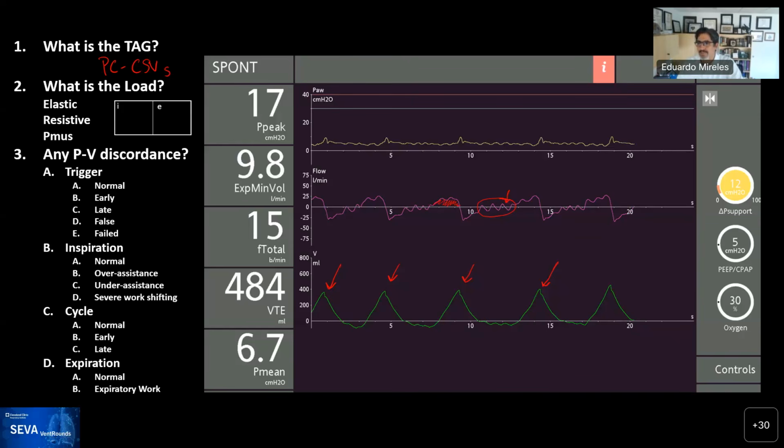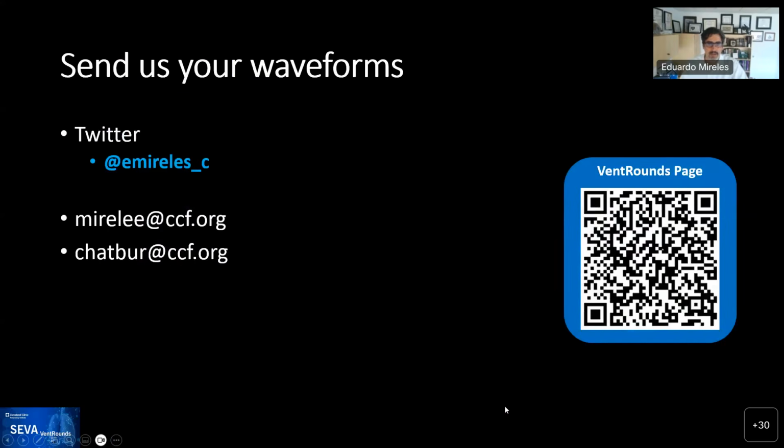In general, as many have highlighted today, the common thing is that our RTs use flow trigger for all the patients. Whenever I see a pressure trigger, it's a manifestation that something was causing a disturbance on the force. So it's an educated guess, but I have no proof of that.